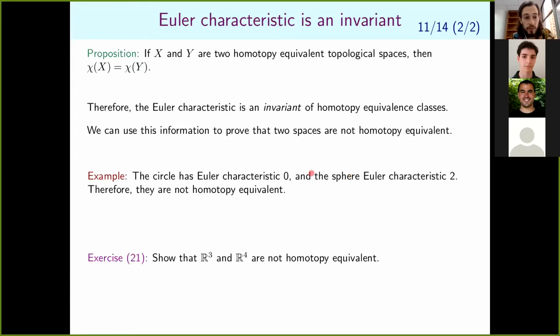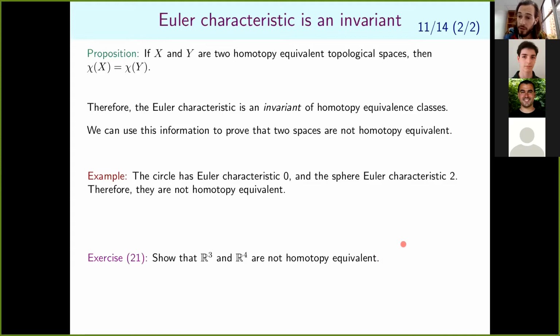For instance, we computed the Euler characteristic of the circle and the sphere. The circle is 0, the sphere is 2, so they are not homotopy equivalent. And I also propose an exercise in the notes.